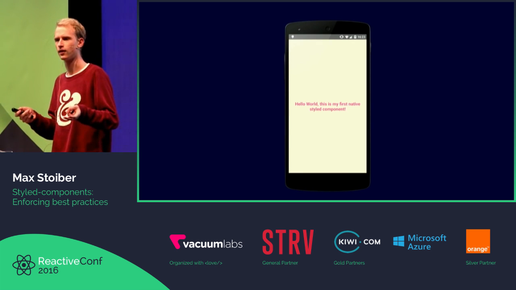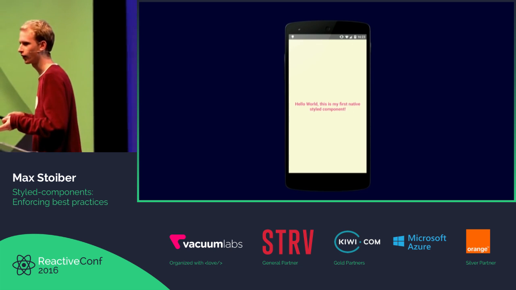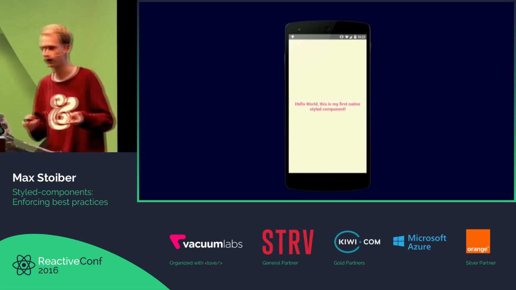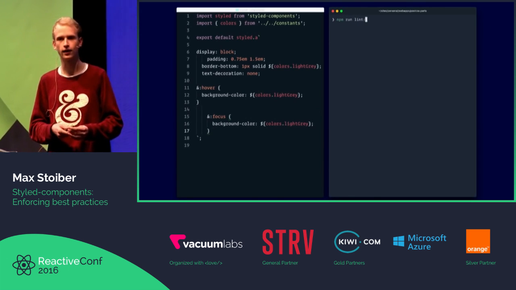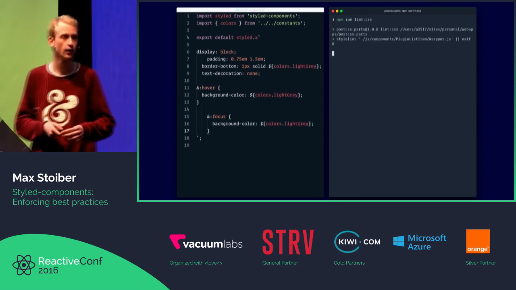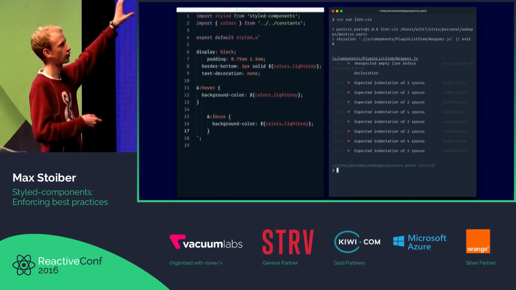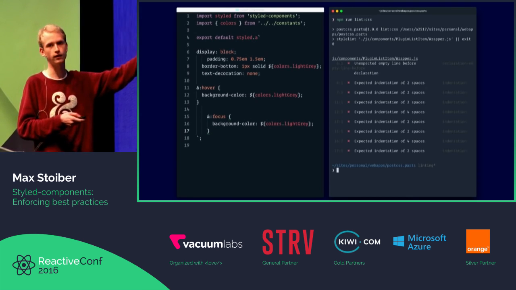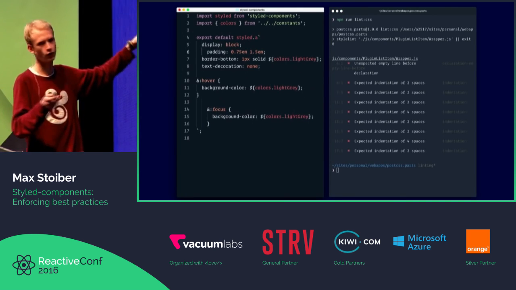But what about linting? Well, I just spent the past 2 weeks working on a styled components integration for StyleLint. So as of today, you can actually run StyleLint on styled components CSS. What we see here is some really borked CSS, totally wrong indentation, spaces where they shouldn't be, and you just run StyleLint on your JS files. And StyleLint correctly sees the CSS and says, hey, you messed up.